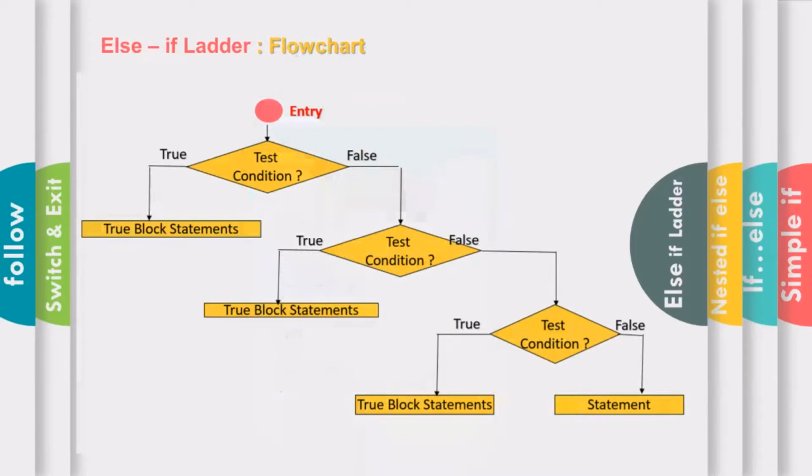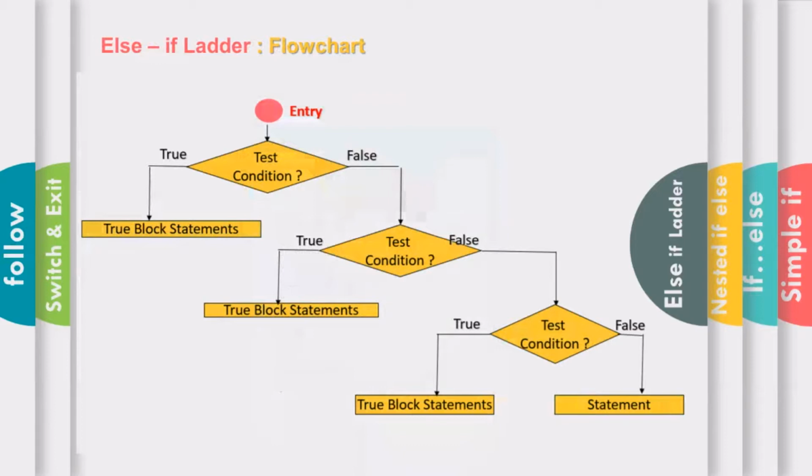This shows the flowchart for else if ladder. At the entry point, it tests the condition, whether it is true or false. If it is true, it directly executes the true block statements. If it is false, the next test condition is executed.